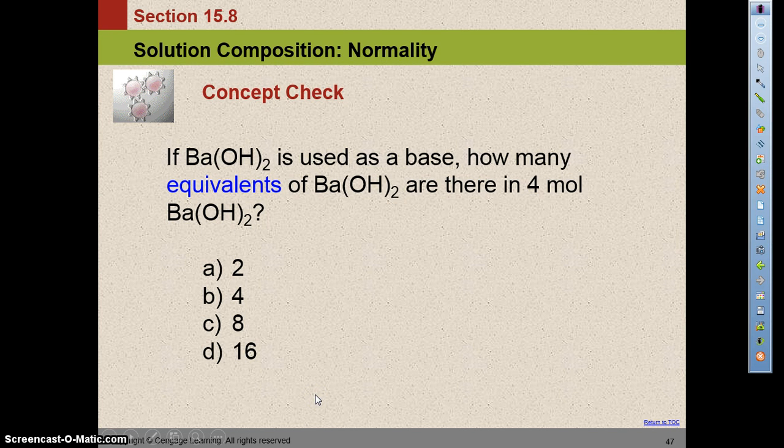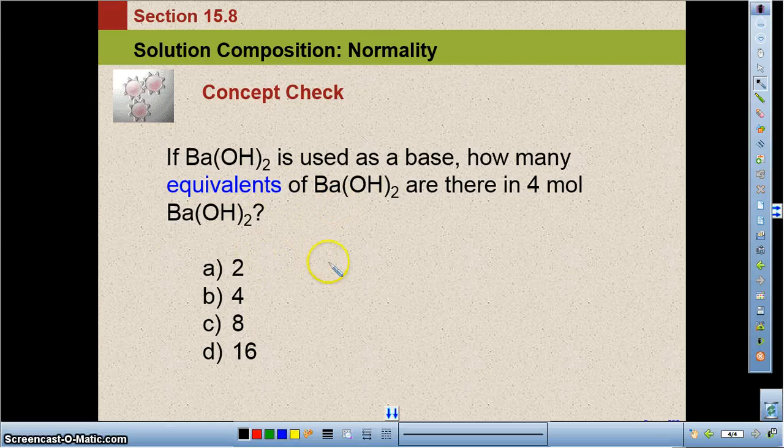So if barium hydroxide is used as a base, how many equivalents are there in 4 moles of barium hydroxide? For every 1 mole of barium hydroxide, we have 1 mole of barium ion, and we have 2 moles of hydroxide ion.